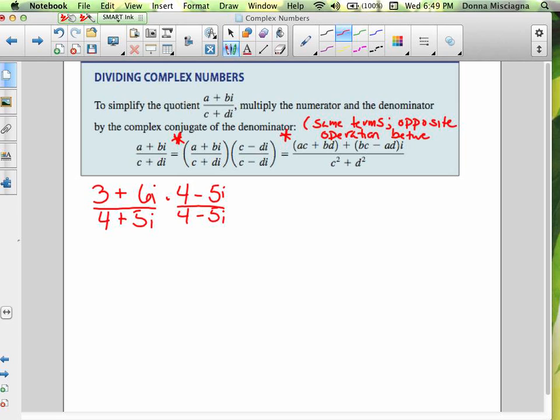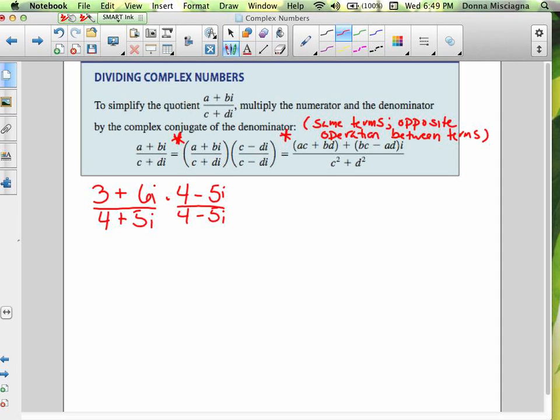Plus goes to subtraction, subtraction goes to plus. So here we have 3 plus 6i over 4 plus 5i times 4 minus 5i over 4 minus 5i. Because you're multiplying by the same thing in the numerator and denominator, it's just a form of 1.